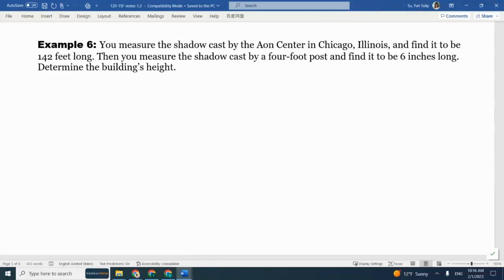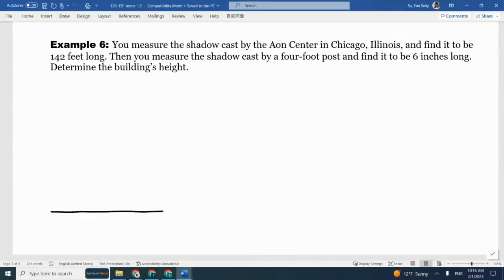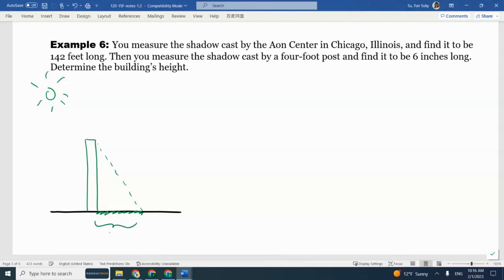Okay, so shadow. Let's draw the picture. Picture helps us to understand. So we have the building right here, the sun right here, and the shadow. This is the shadow. And we find the shadow is 142 feet. Okay? And then we measure a 4-foot pole.